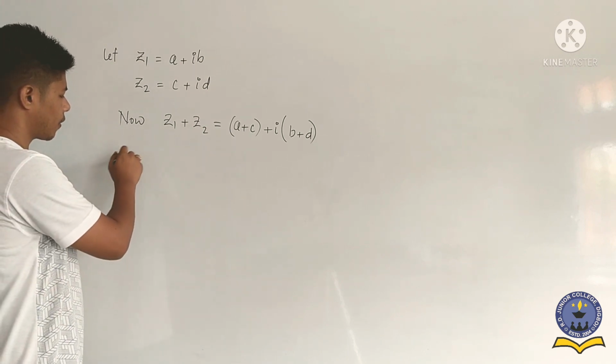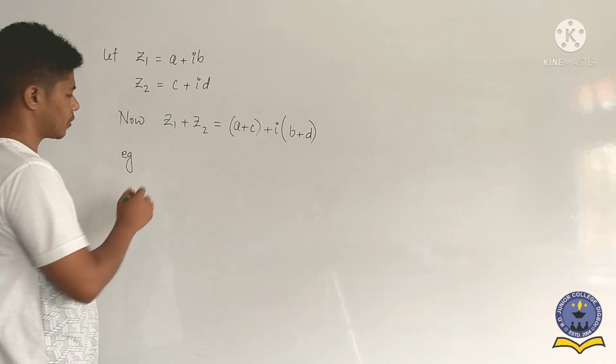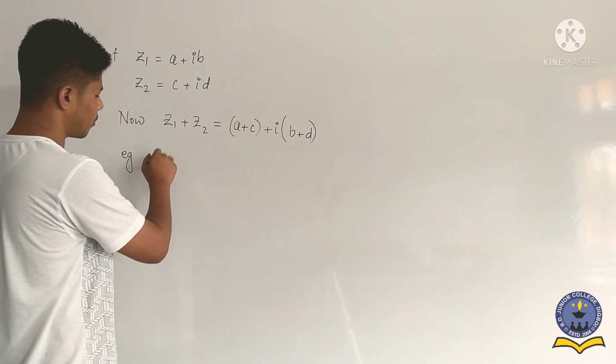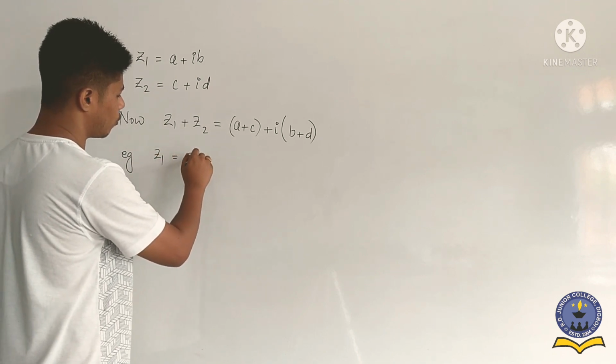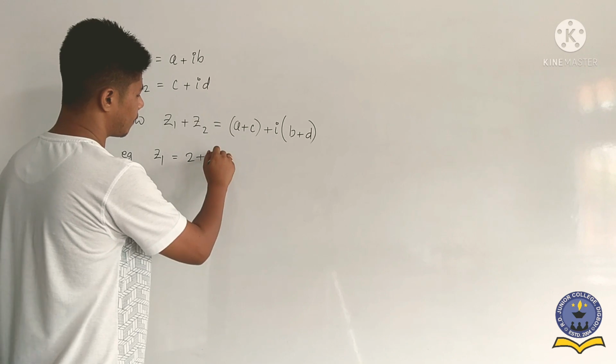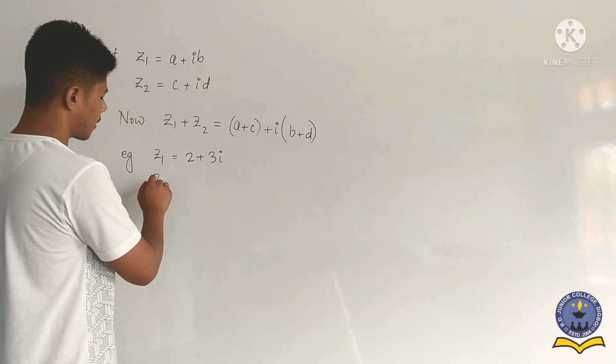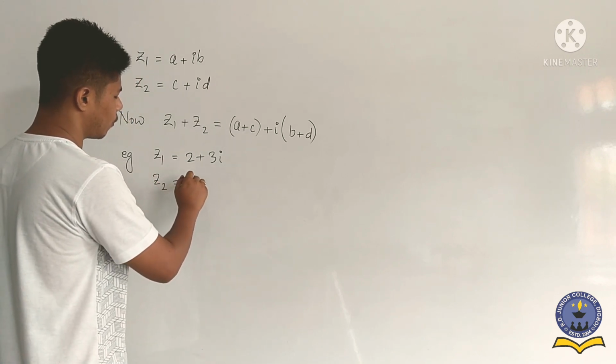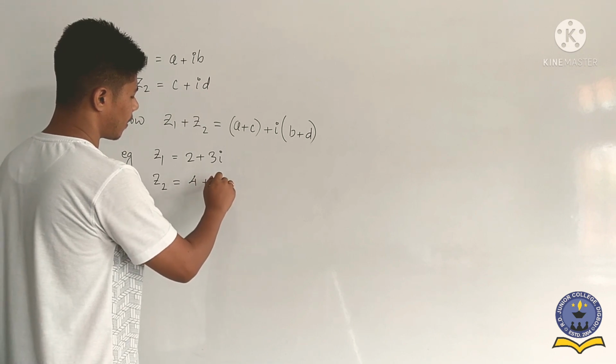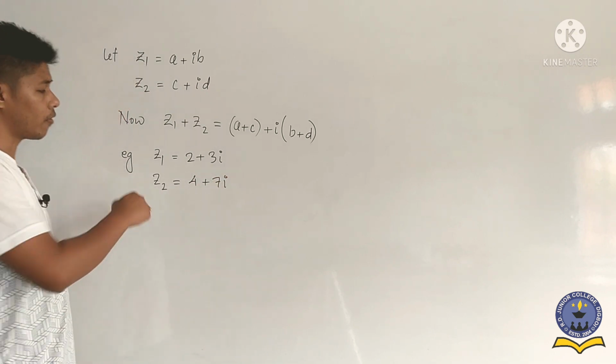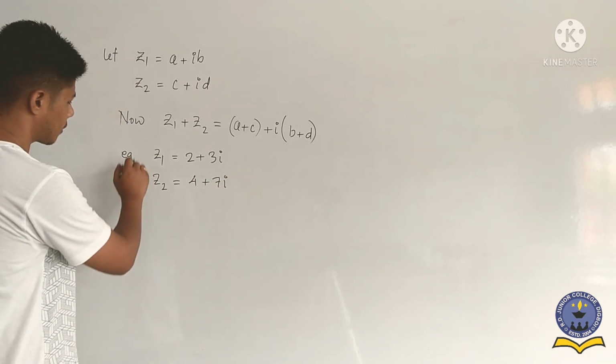For example, suppose one complex number is z1 equals 2 plus 3i, and another is z2 equals 4 plus 7i.